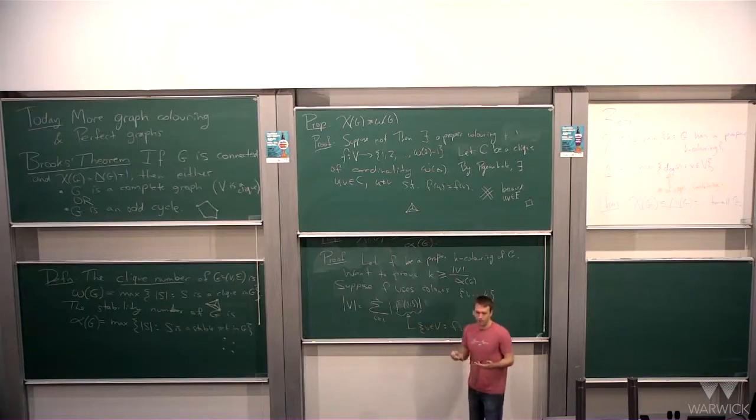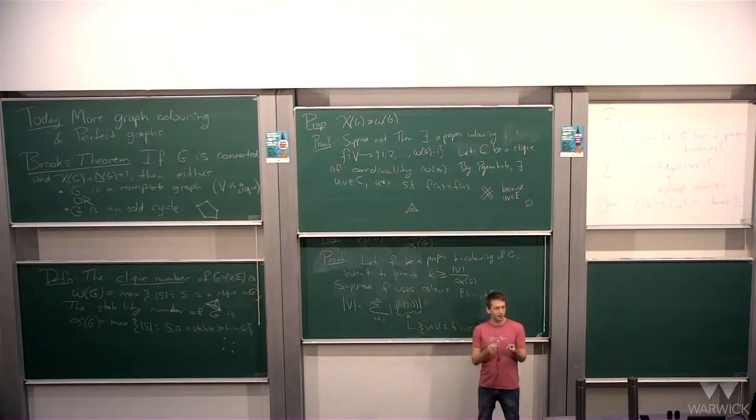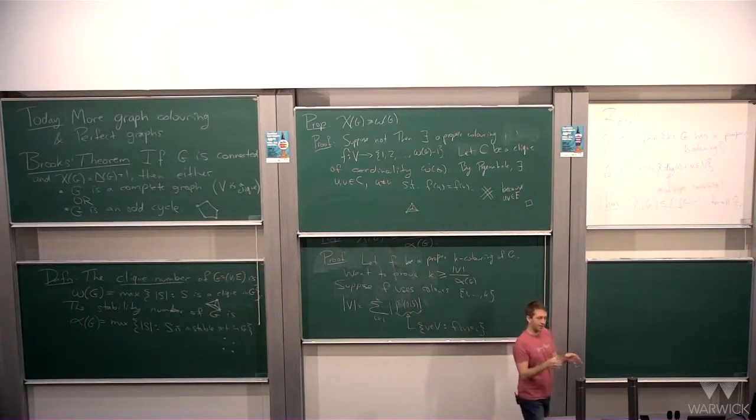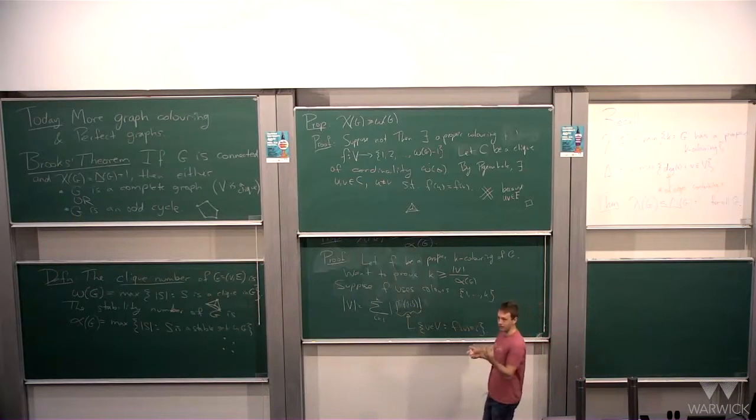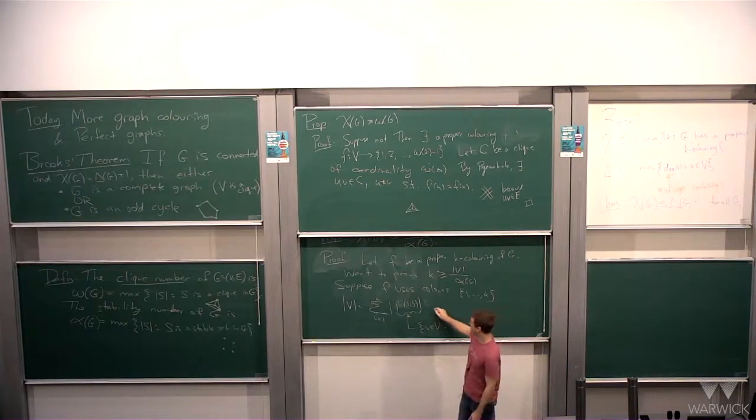But remember what a proper coloring is. If you look at the vertices of a certain color, they must form a stable set, because that's the definition of a proper coloring: adjacent vertices get different colors.